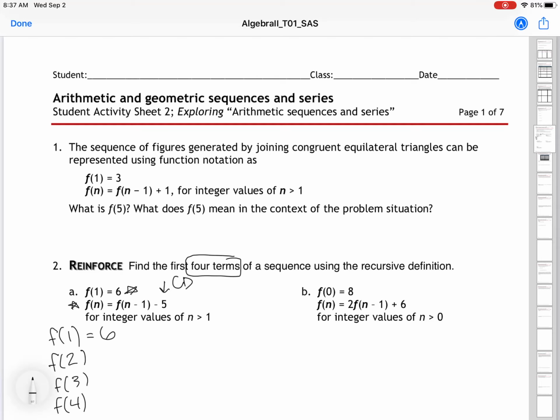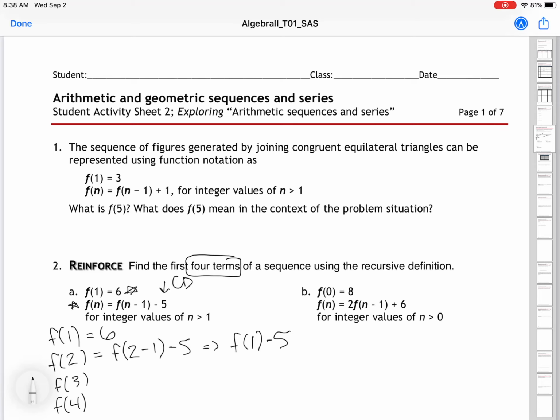For f of 2, every time, the number in the parentheses is what you plug in for that letter n. So I have f of 2 minus 1 minus 5. I'm just simplifying. What is 2 minus 1? We have 1. 2 minus 1 is 1.